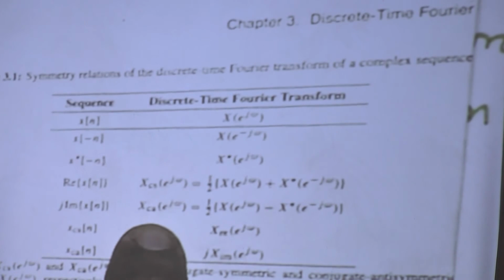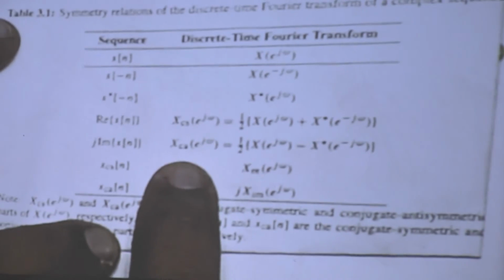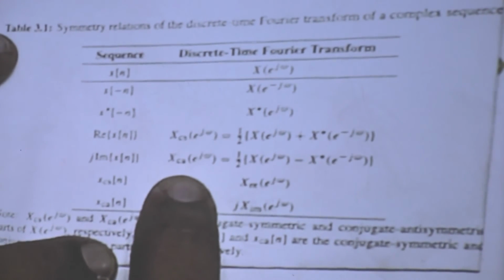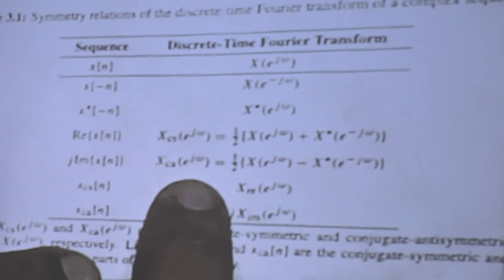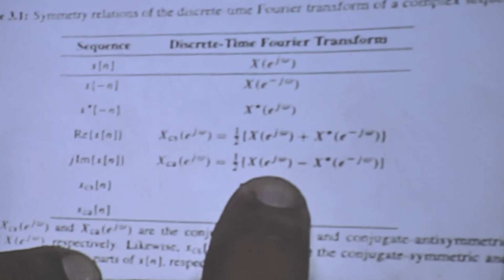Ca stands for conjugate antisymmetric. X_ca(e^{jω}) is equal to half of X(e^{jω}) minus X star(e^{-jω}).